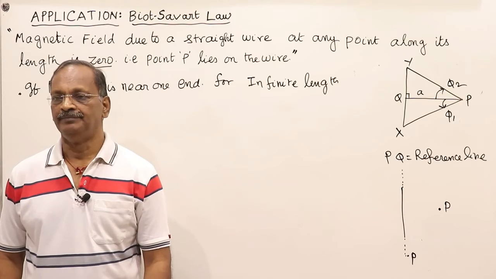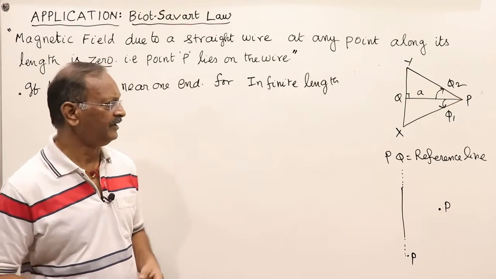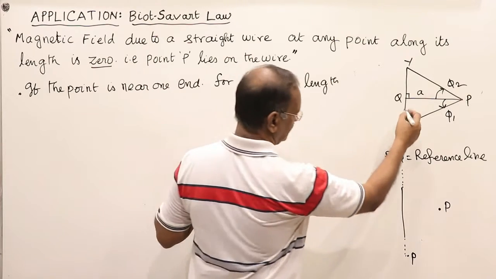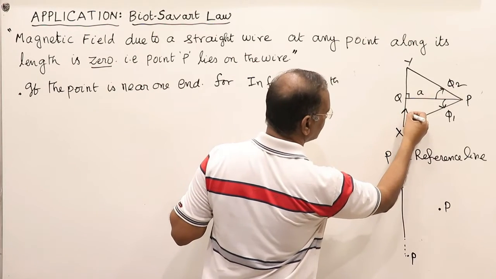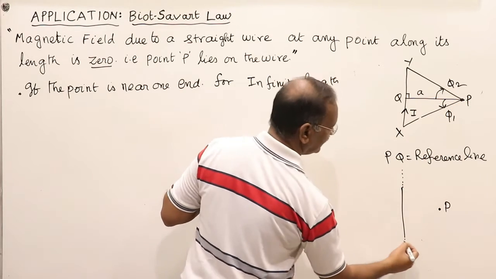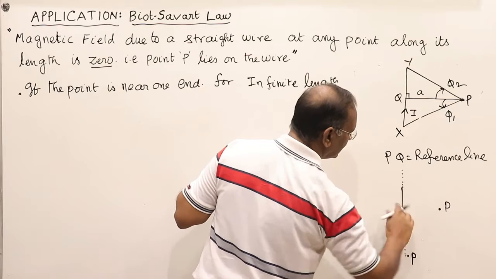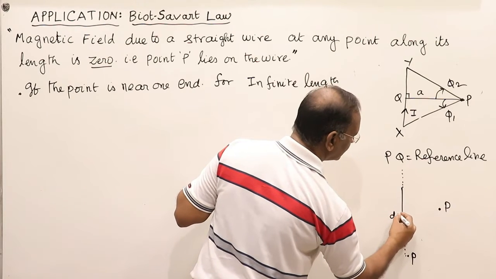Now the point P, at which we are interested to find out the magnetic field due to current I flowing in the conductor. Earlier this was the point P. Now the point P has come near, and this is an infinite length. We have taken a portion of the length, this is a dl vector.